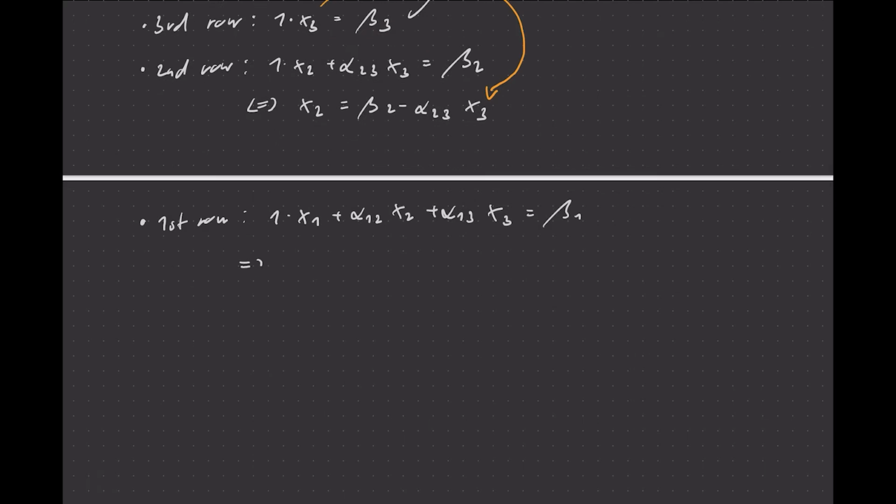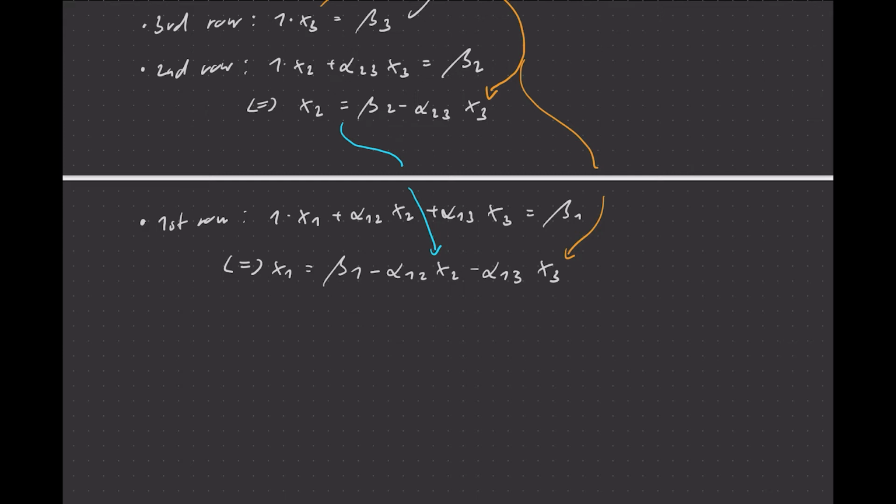And again, that's easily solved for x1. x1 is beta 1 minus alpha 1,2 x2 minus alpha 1,3 x3. We do know x3, so we can just substitute that here. And we also know x2, so we can substitute that here. And that means we can compute the solution for x1.